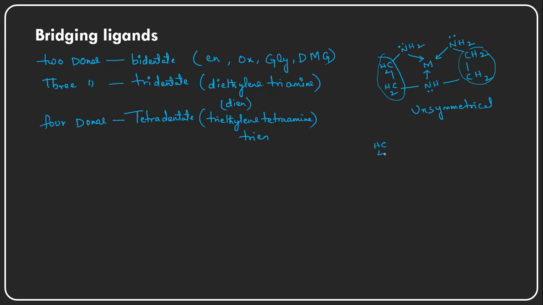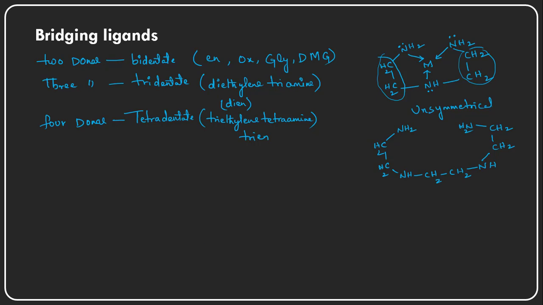CH2, CH2, which has a bond with the NH, and this is NH2, and now CH2, CH2, and NH. This has CH2, CH2, NH2, right?